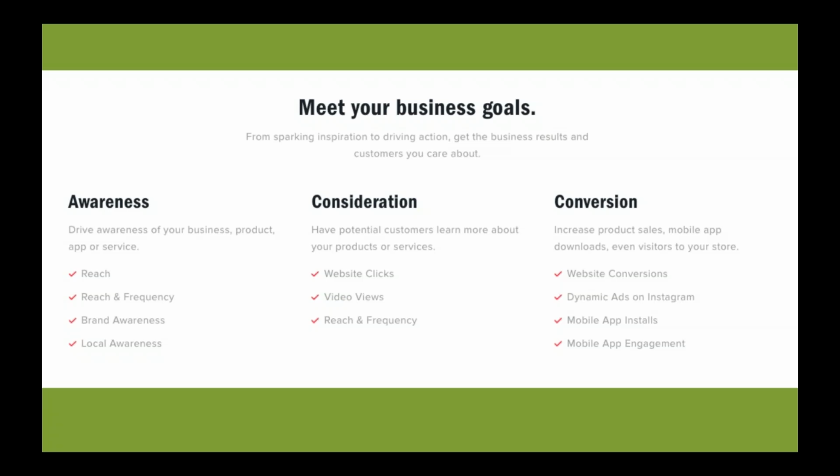Are we trying to get people to do something specific as it relates to the content we're producing? So maybe we want people to visit our website and consume more content. Maybe we want someone to view a video which is going to educate them about an upcoming event that we have at our business.